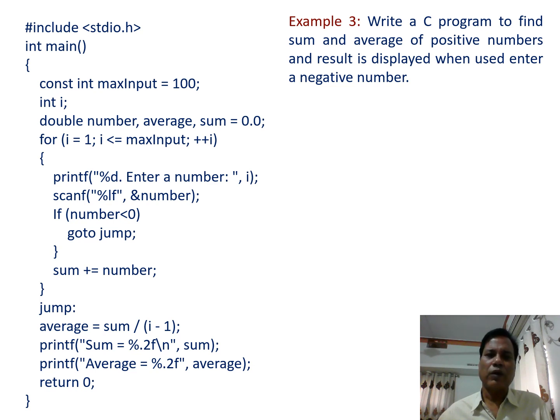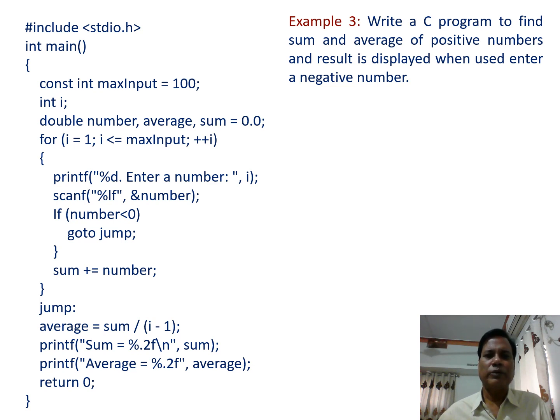So using a for loop, for i equal to 1, i less than or equal to maximum input, which is 100. So the initial value of i is equal to 1, the condition is true. When the condition is true, the body of the for loop is executed.